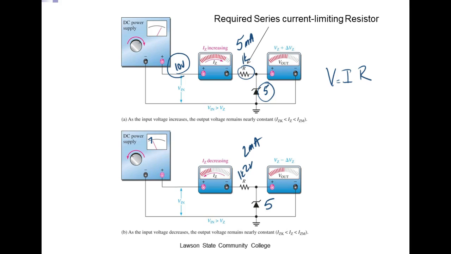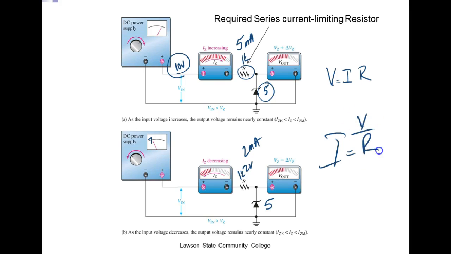So what changed the current? If the 1K is not changing, then what's changing? What's got to be changing? What's making the amps change?